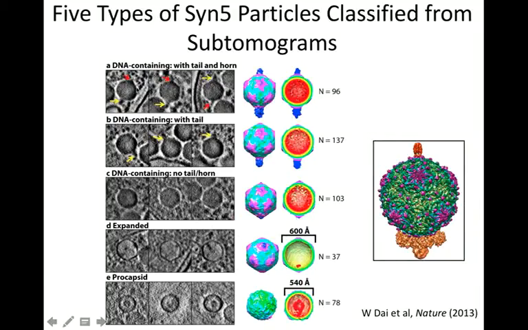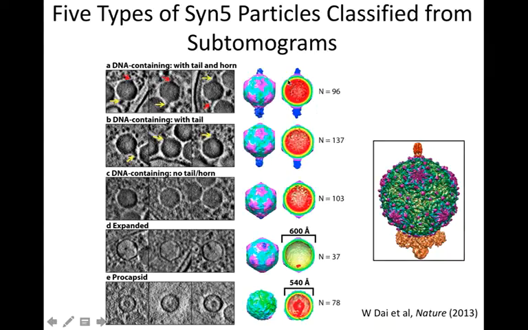And so here are these individual subtomograms, which we measure for size and features, then align and average. Some of these particles look alike, and we get an average. Like in this case, there are 96 of these subtomogram densities that look like a mature phage, with this horn density as well as a tail.